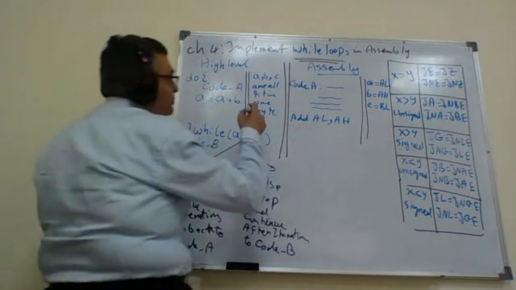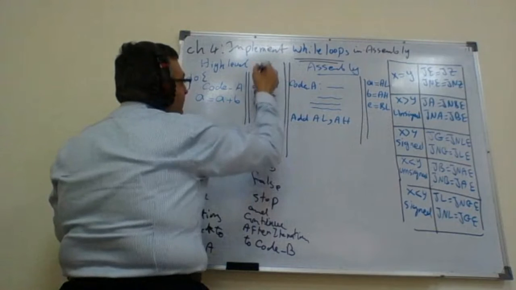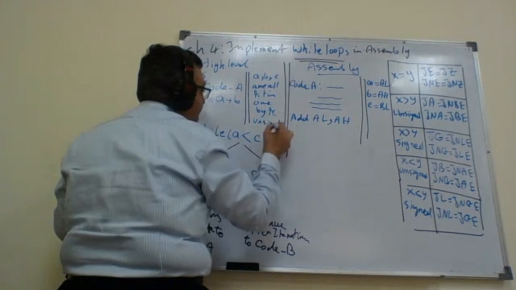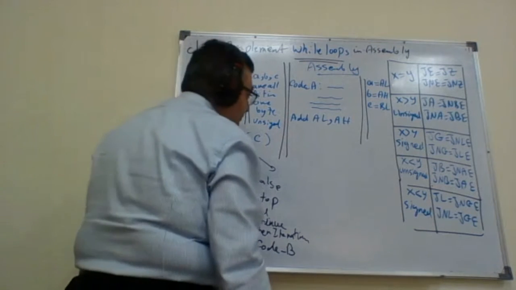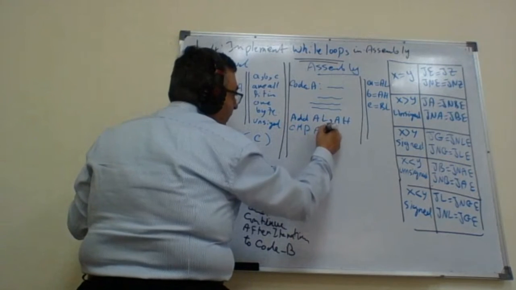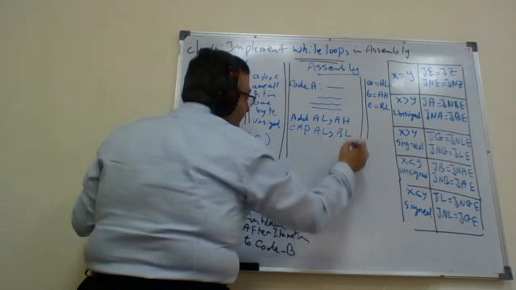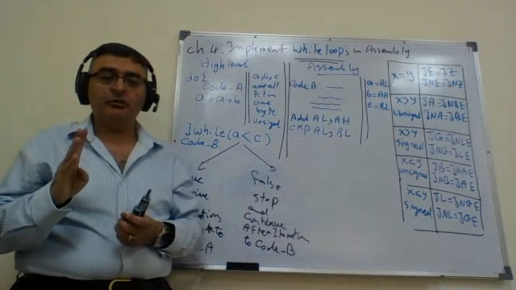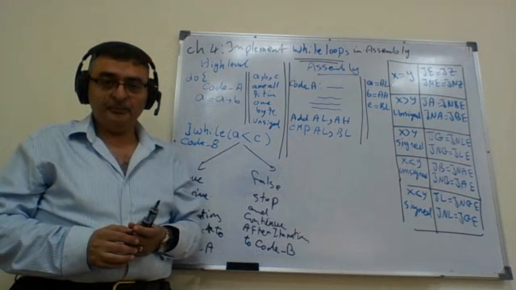Here let's assume that A, B, and C are all unsigned numbers. So I will compare AL and BL. This compare will automatically update the flags: overflow, sign, zero, and carry.